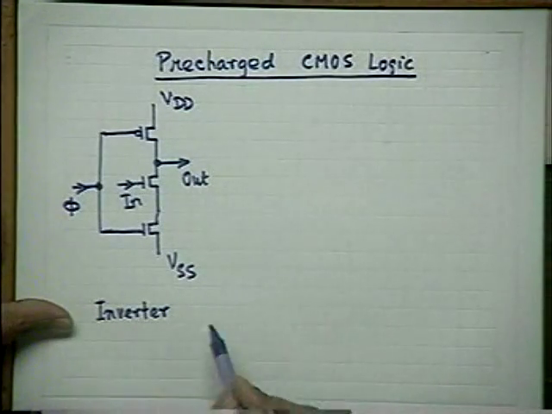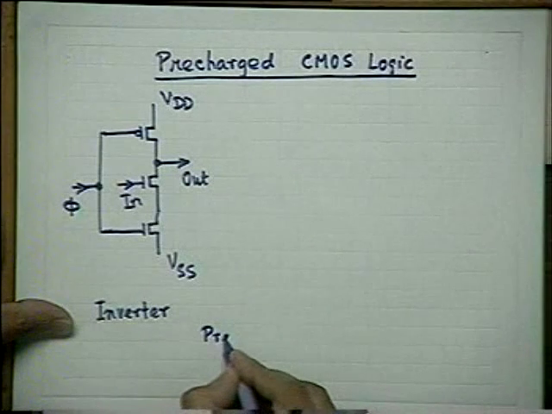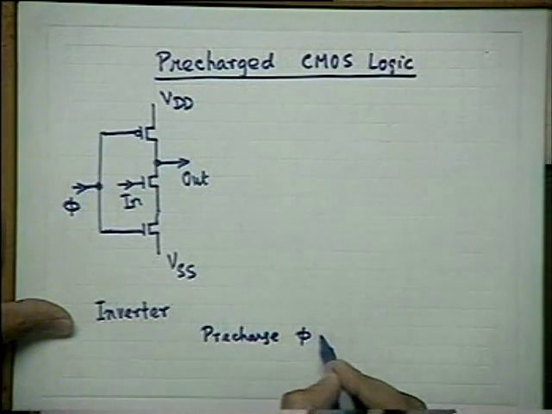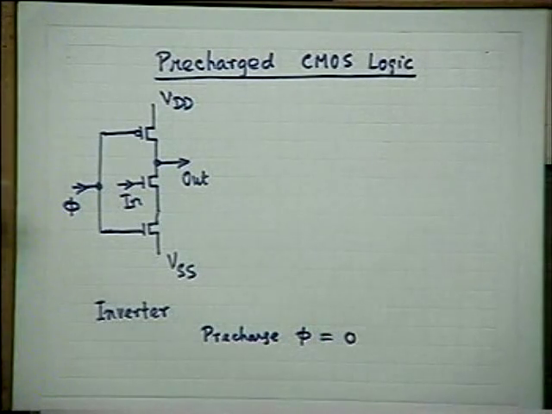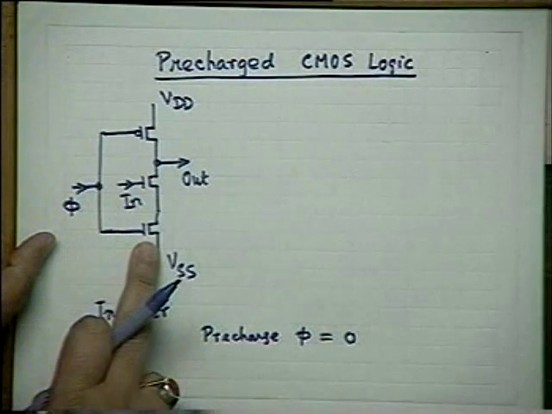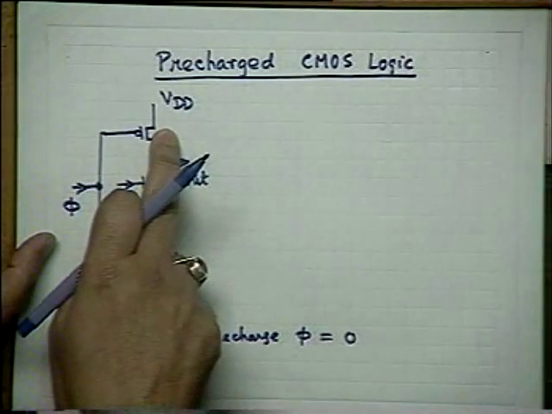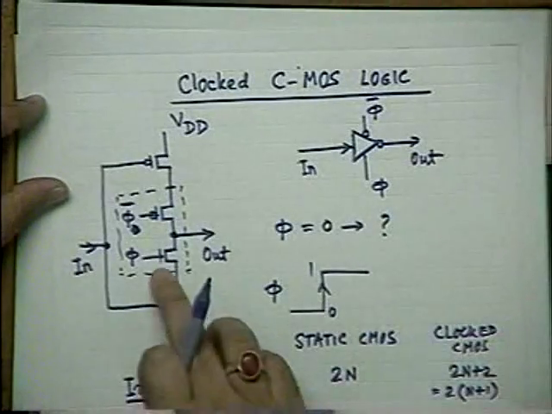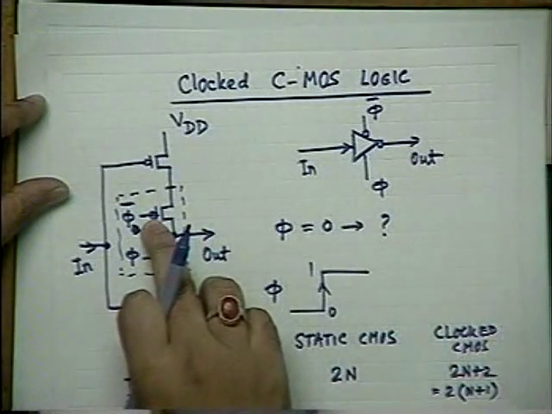So precharge means phi is 0. Phi is 0 means precharge phase. Phi is 0 means this transistor is off, but this transistor is on. Compare the earlier case, here I had to connect phi and phi inverse, but that I have not done yet.